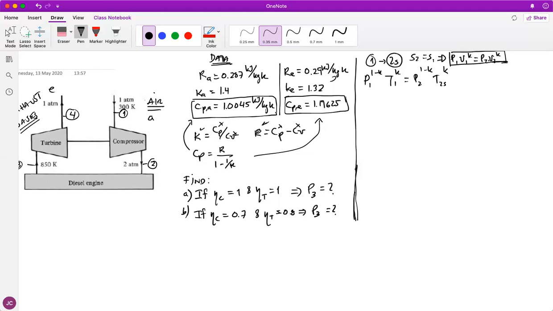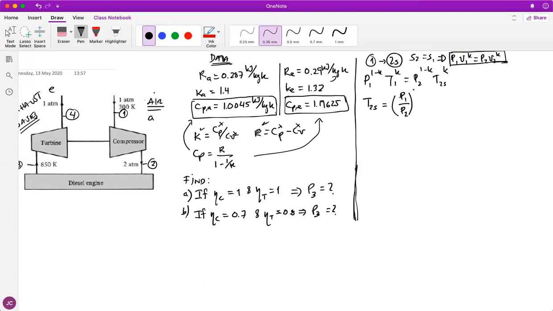Okay, so if you remember something about ideal gases, this is the same thing as putting an adiabatic case. Now it's a little bit confusing, but for ideal gases, you can say that the adiabatic process has the same expression as the isentropic process. You actually can prove that. Well, okay. So what I'm doing here is to get that T2s, and hopefully the algebra is not that difficult for you.